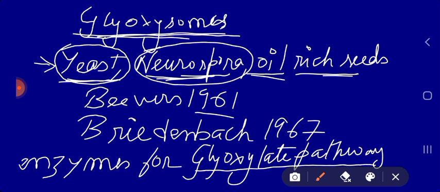It is actually an anabolic pathway which occurs in plants, bacteria, protists, and fungi. The main feature of this pathway is the conversion of acetyl coenzyme A to succinate for the synthesis of carbohydrate.